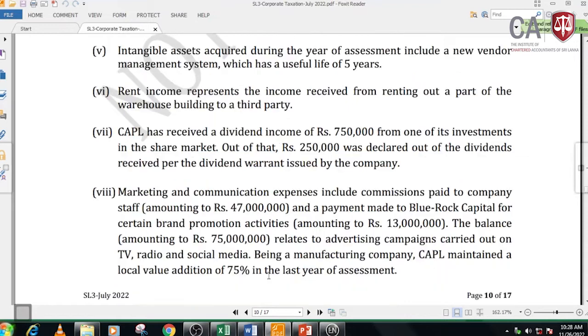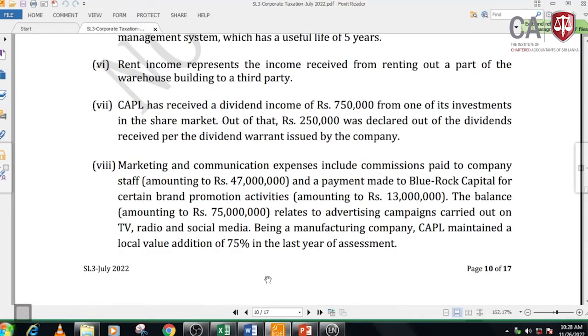In this, it's a marketing and communication expenses include commissions paid to company staff amounting to 47 million and payment made to Blue Rock Capital for certain brand promotion activities amounting to 13.